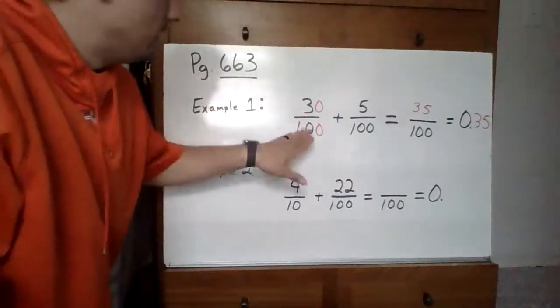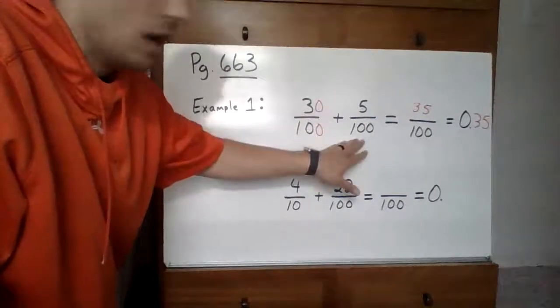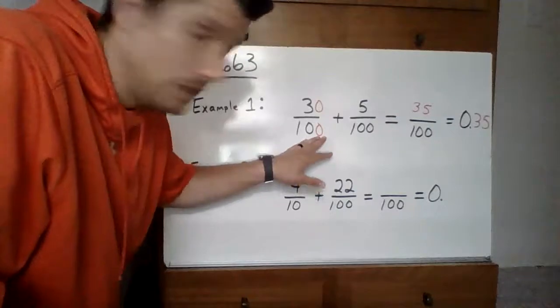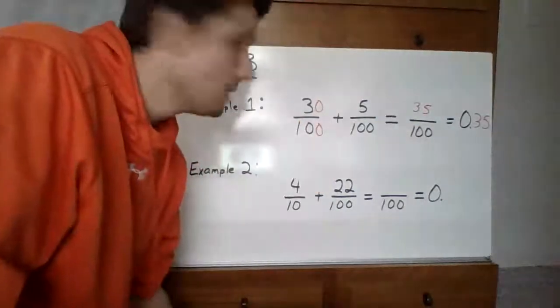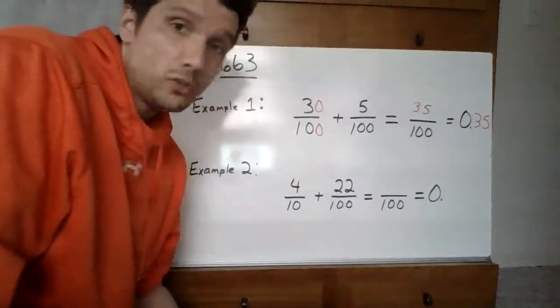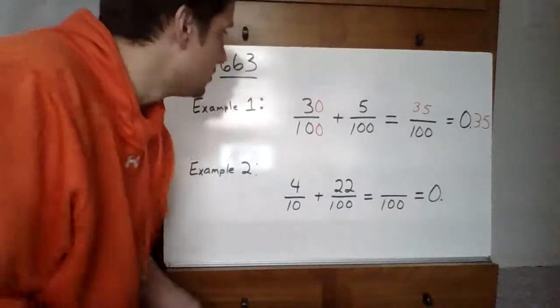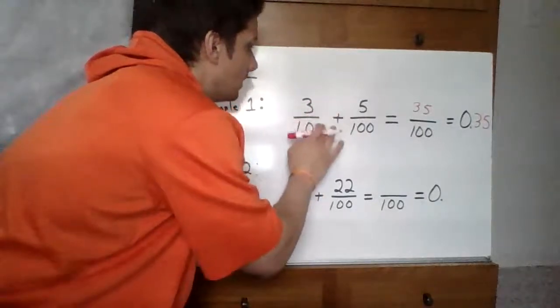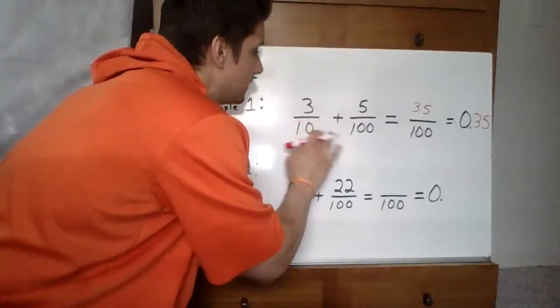All right, so that is example 1. We added tenths to hundredths by changing our tenths to hundredths, getting like fractions, and then adding straight across. Now, if you wanted to, you could also change these into decimals. So I'm going to erase this back to our original problem. Remember, we had 3/10 here.